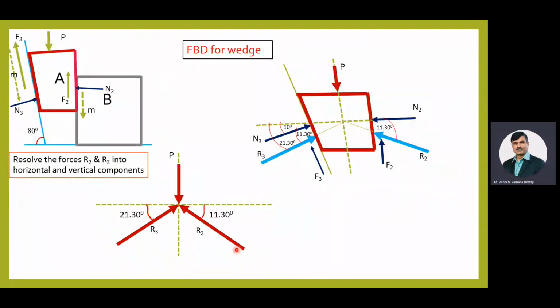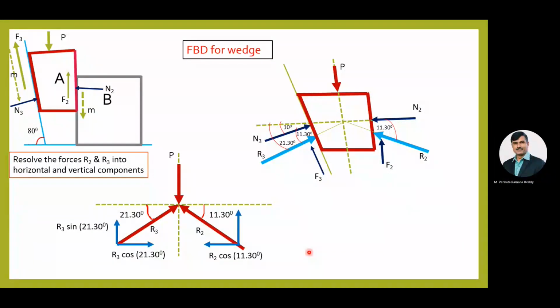For R2, the horizontal component value is R2 cos 11.30 degrees and vertical component value is R2 sin 11.30 degrees.